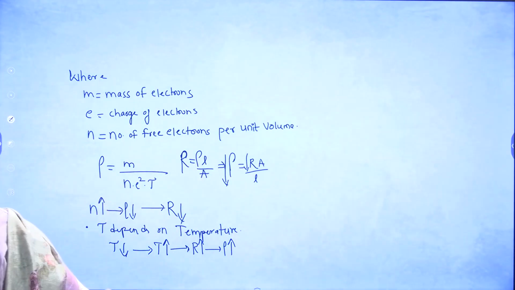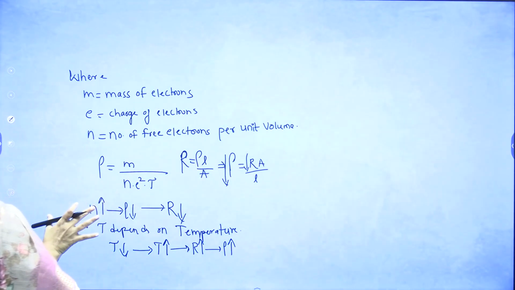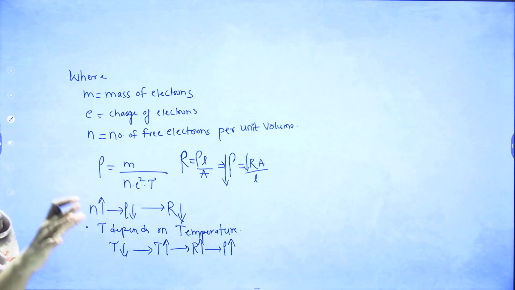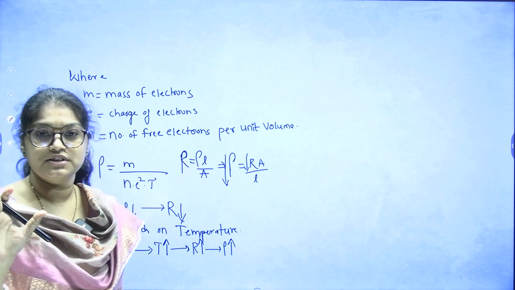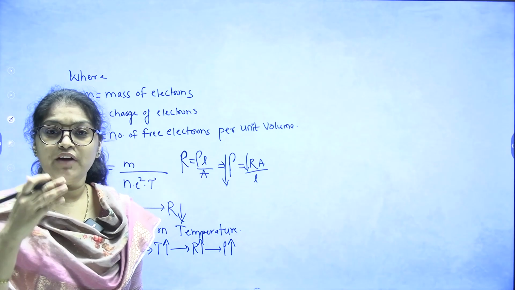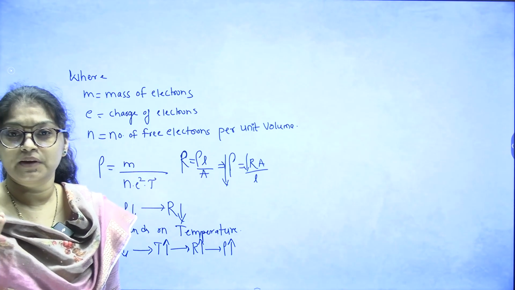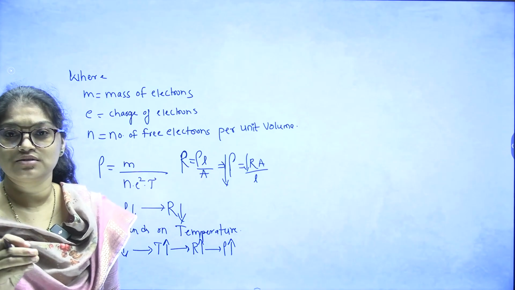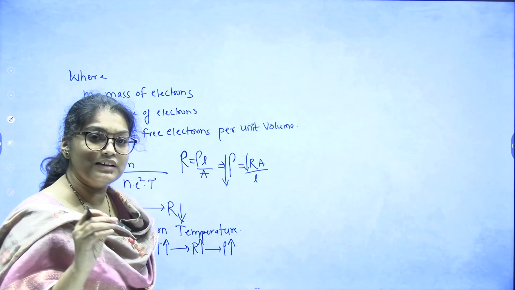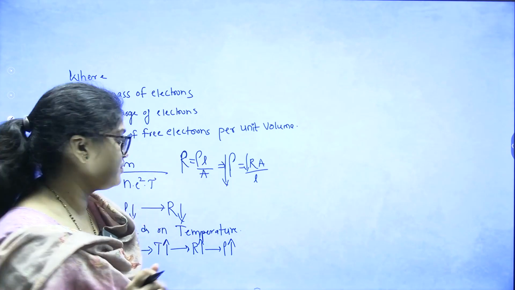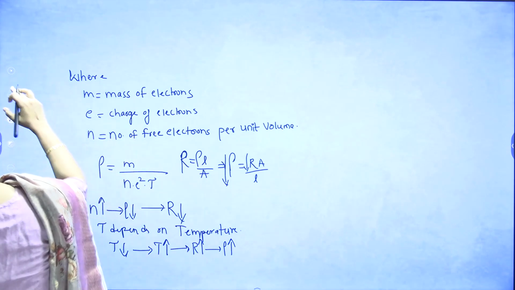So this was about the specific resistance with respect to the current and the drift velocity parameters. If one factor increases, what happens to the other factor? This is very important. You can expect a theoretical question or a problem based on this concept. So we'll do one problem.